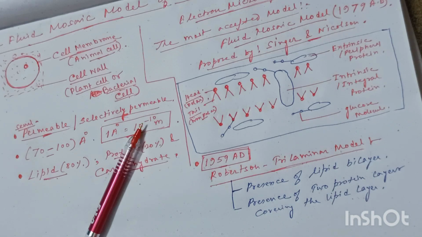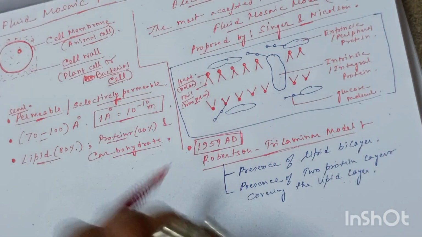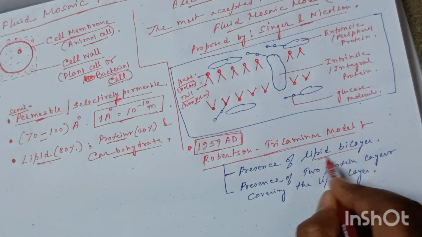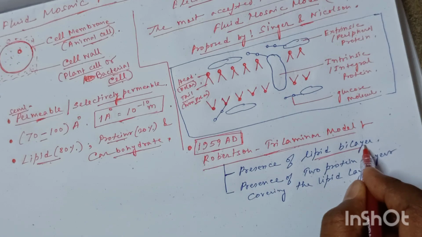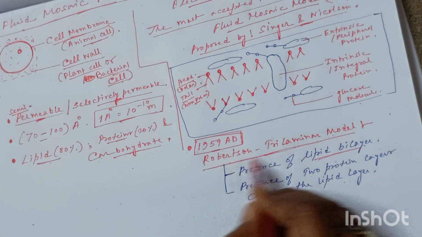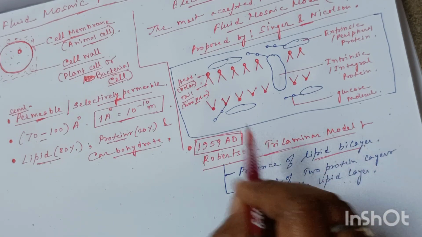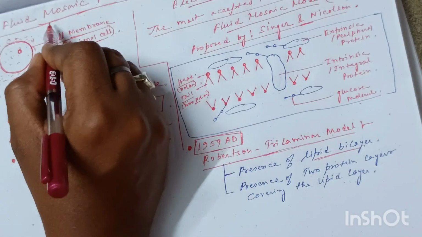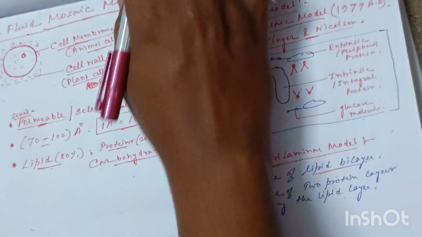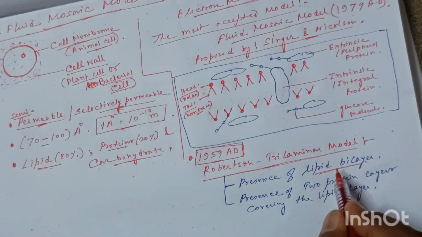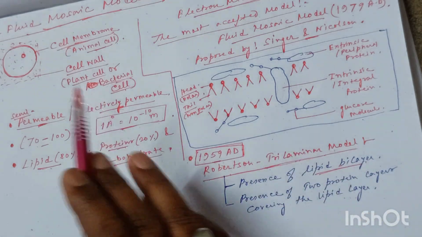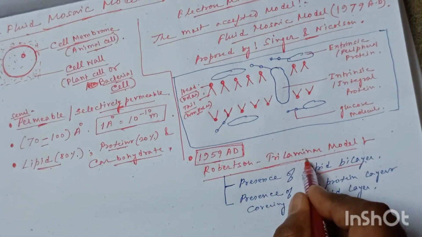So the concept of the lipid bilayer came before the fluid mosaic model, by the Robertson trilaminar model.